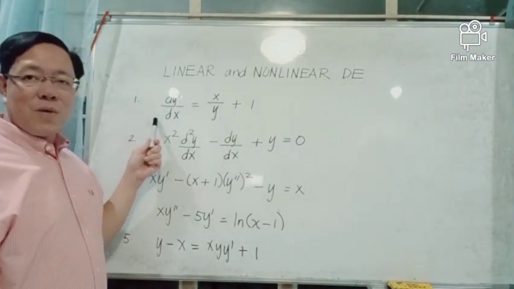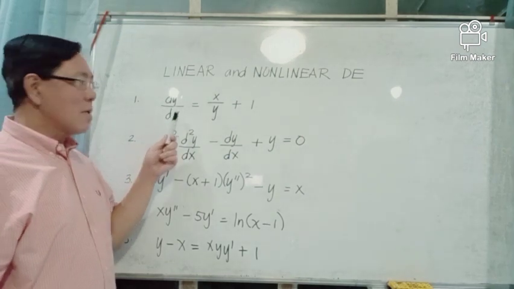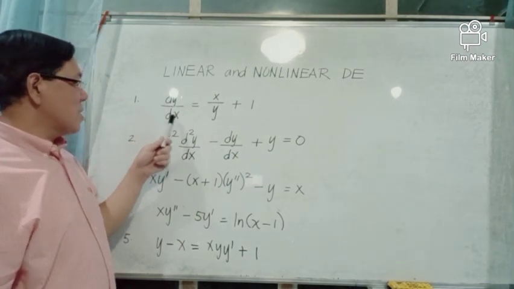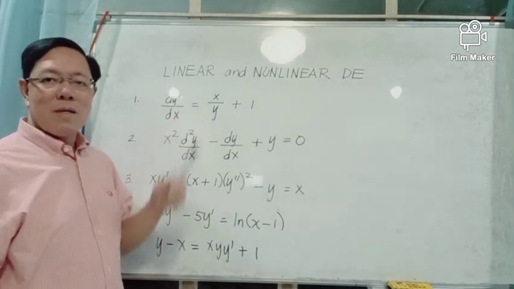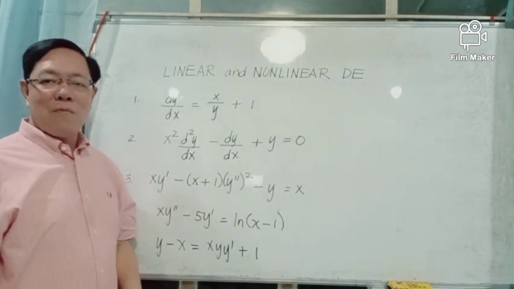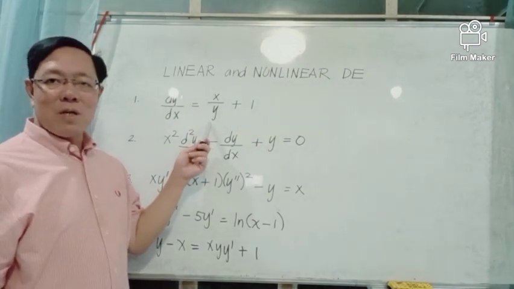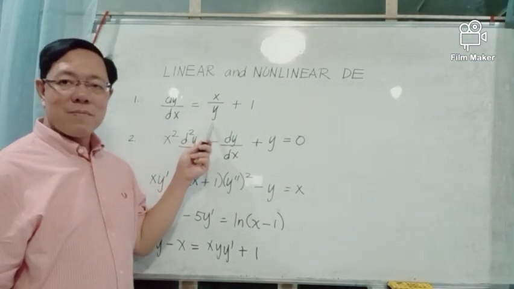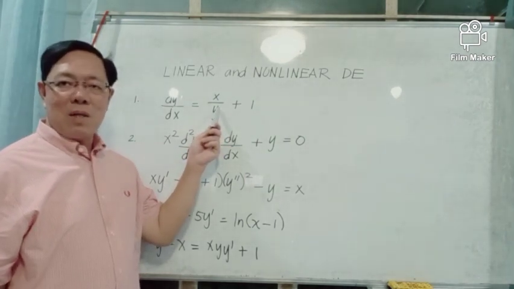At the left-hand side of the equation, we have the first derivative of y with respect to x, and its exponent is 1, or the power of dy/dx is 1. At the right-hand side, in the denominator of the first term, we have y with a power of 1.